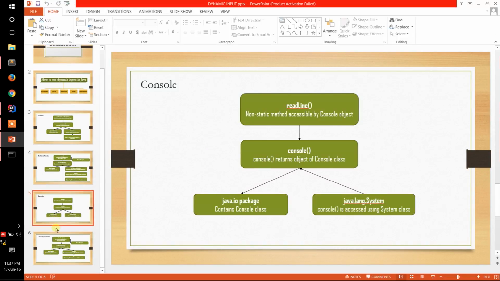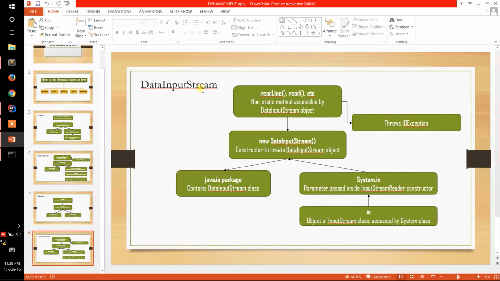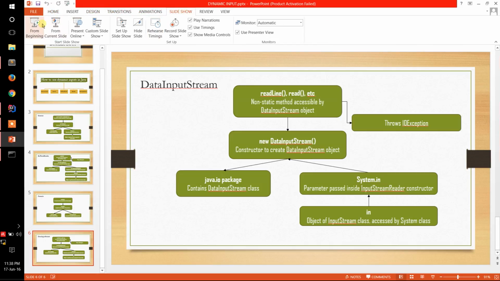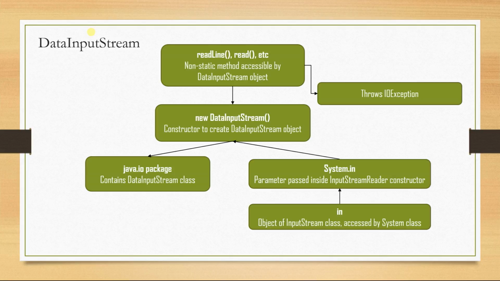Next we have the last one, that is the DataInputStream. What happens over here is again a similar procedure, I'd say. The readLine or read methods are non-static methods which are accessible only by the DataInputStream object.